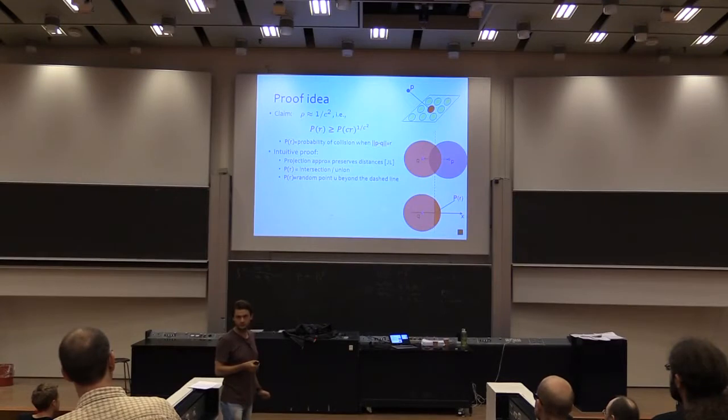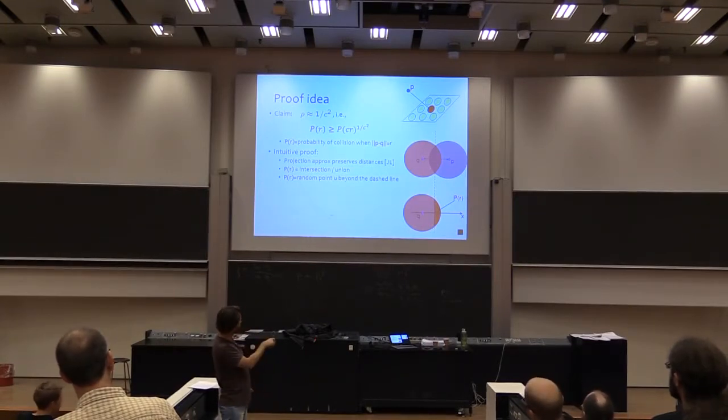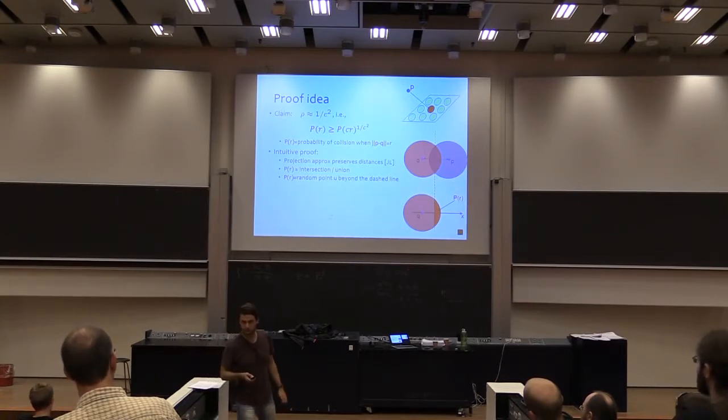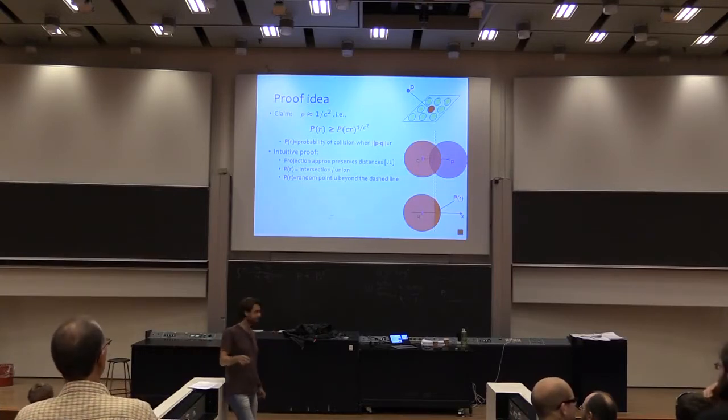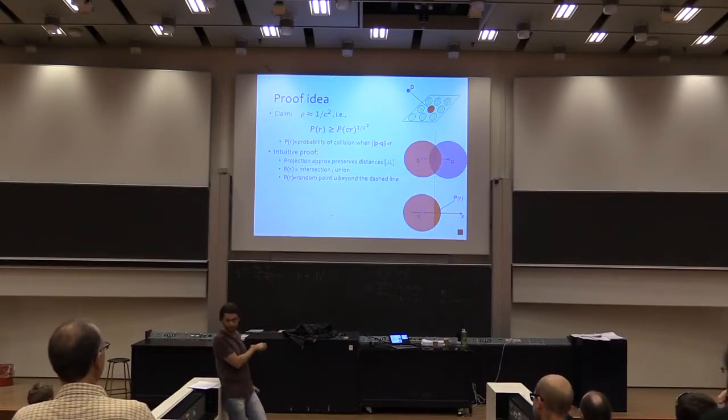But the numbers that we'll be getting are very small. The volume of the union is equal to twice the volume of the ball minus the volume of the intersection, right? But the volume of the intersection will be very small, so it doesn't matter, plus or minus. So this is a very good approximation.